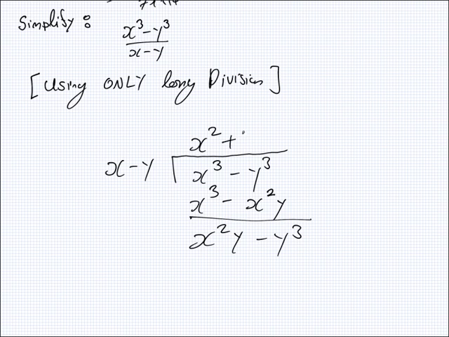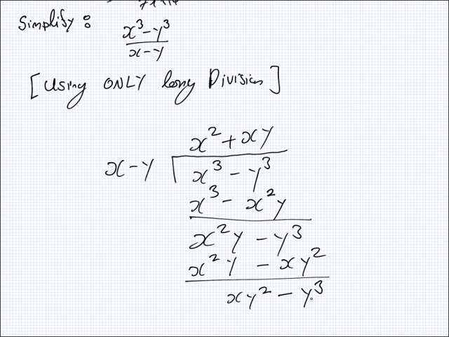It should be xy. If I multiply it, I get x squared y minus x y squared, isn't it? And I subtract, and what am I left with again? I'm left with xy squared minus y cubed when I subtract.